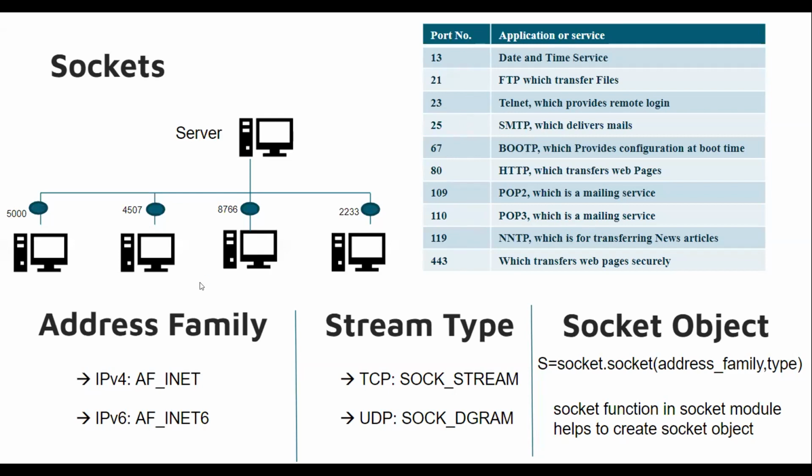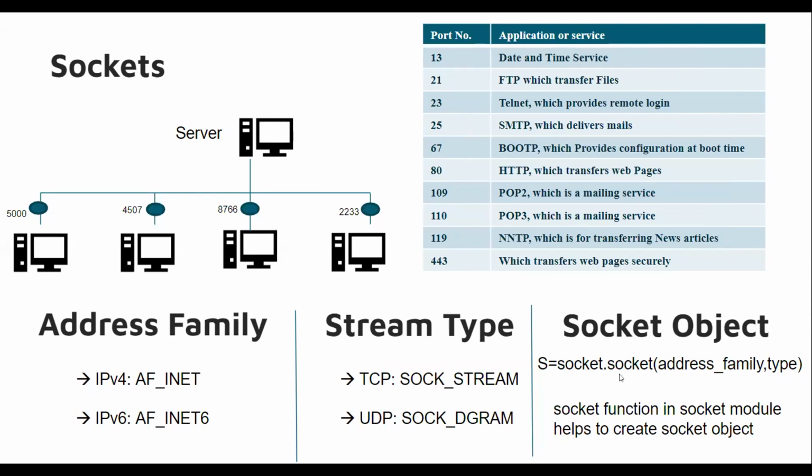Now, if you can see on the right bottom corner, there's something called s = socket.socket. What is this? The first socket word is the module in Python. Inside that, I have a function called socket.